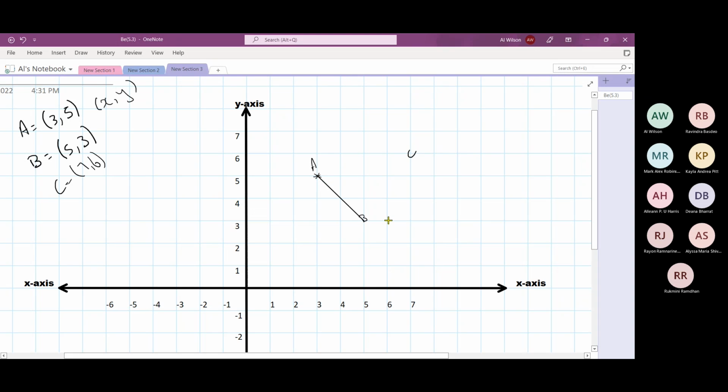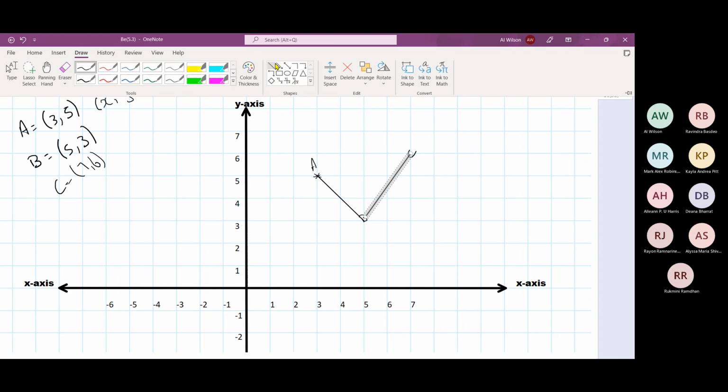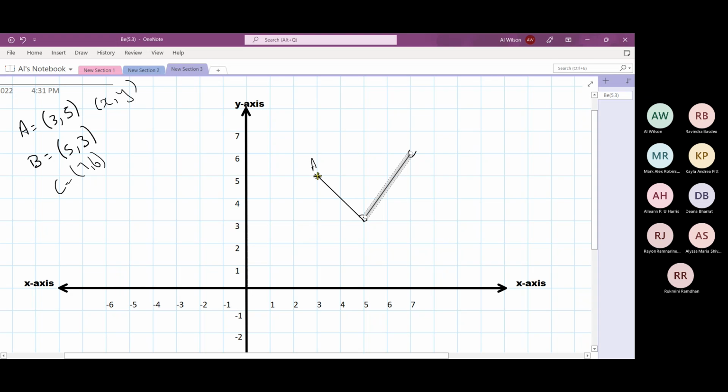So from A to B, I would then have to draw a line from B to C, and then of course I would still have to draw another line from A to C. And you see the shape that you actually have there, right?